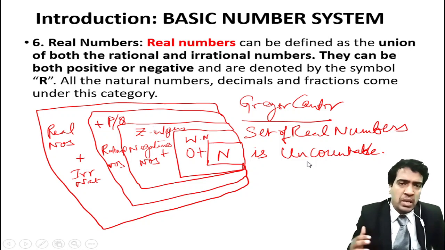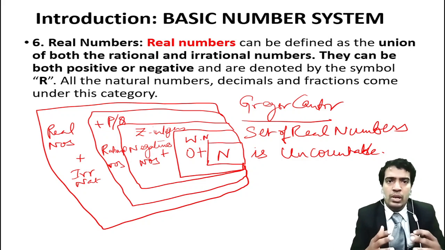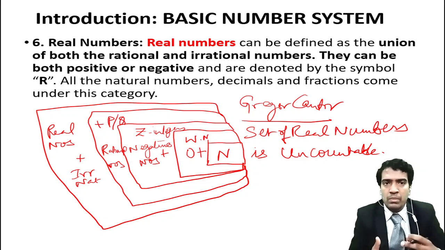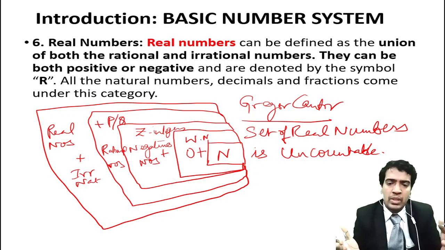It is such a big number system, you cannot even think. It is uncountable. Now I hope you understood the difference between natural numbers, whole numbers, integers, rational numbers, irrational numbers, and real numbers. In the set notation form of mathematics, you denote real numbers with the capital letter R.